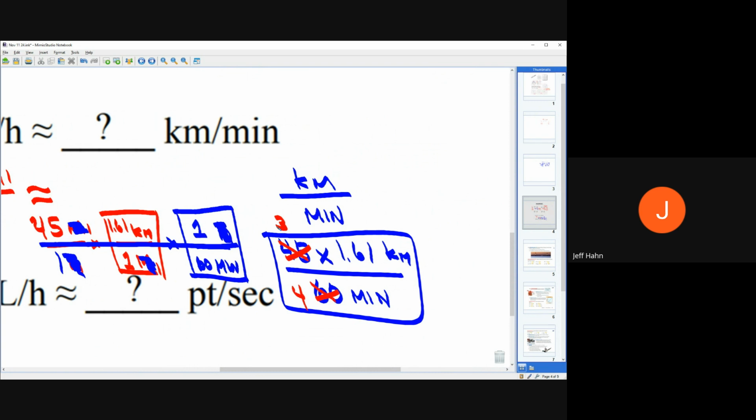So you need to take this times this and just divide it by that, because that's what a fraction is, a basic division problem. But you need to simplify the top first. 1.61 times 3 is 4.83. You then have to divide that by the number on the bottom, and that would be your answer.